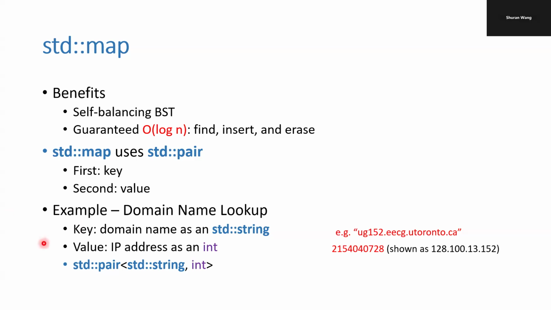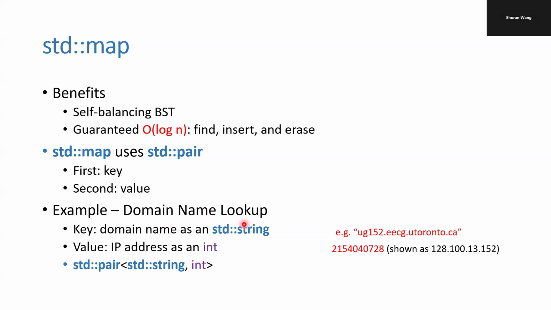So when you are typing in a URL in your browser, like google.ca, your browser will send a request to a domain name server, DNS, saying we have this string google.ca, please tell me which IP address I need to go to. And that's the idea.